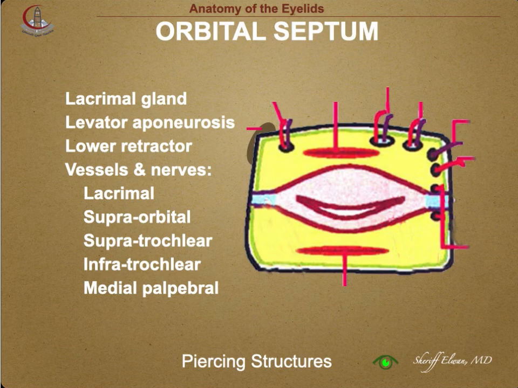And then the levator palpebrae superioris tendon, then the lower retractors, the corresponding structure in the lower lid, and some vessels and nerves, which are namely the lacrimal neurovascular bundle, the supraorbital and supratrochlear nerves and vessels, the infratrochlear nerves and vessels, and the medial palpebral arteries.